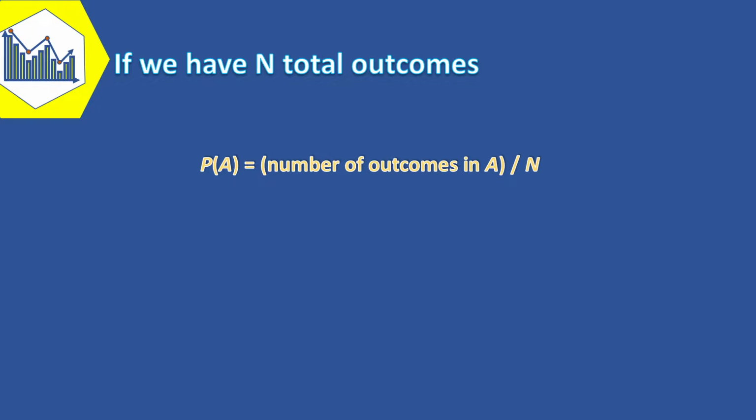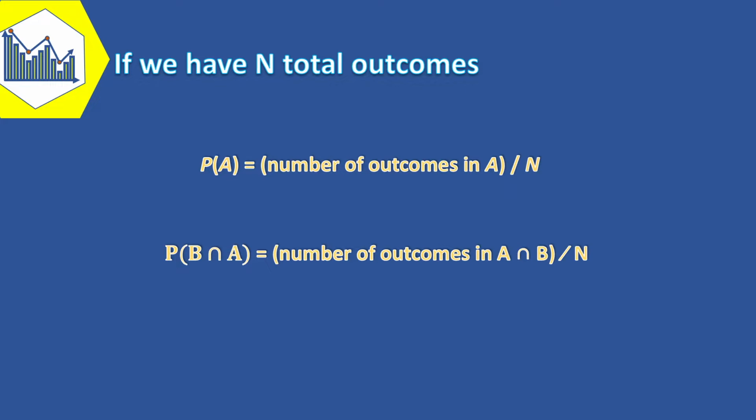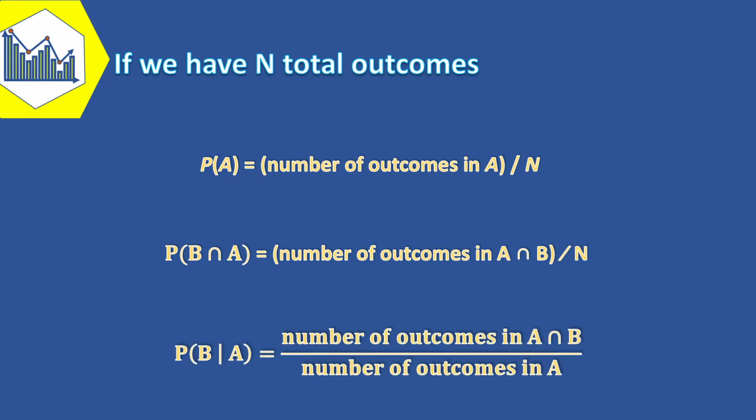Also, the probability of the intersection of A and B equals the number of outcomes in the intersection of A and B over n, and consequently the probability of B given A equals the number of outcomes in the intersection of A and B over the number of outcomes in A. Therefore, this conditional probability can be interpreted as the relative frequency of event B among the trials that produce an outcome in event A.